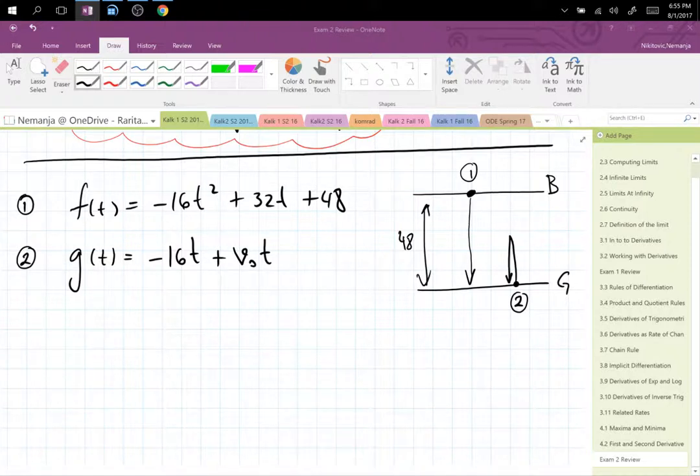So we need them to hit the ground at the same time. So determine the value of v0 such that both stones reach the same... hold on. Something is wrong here. Question makes no sense.